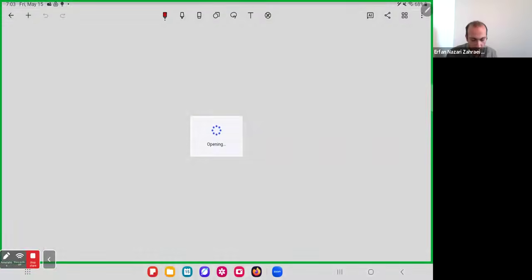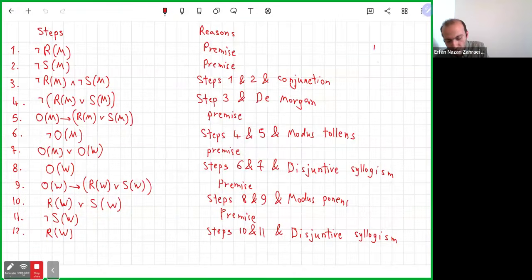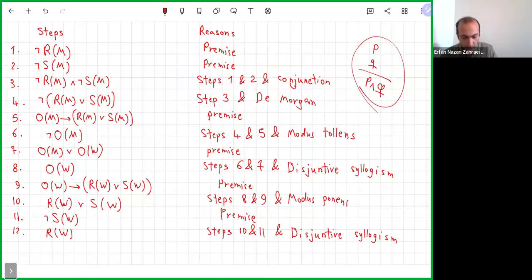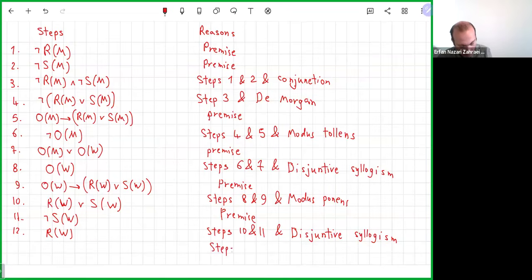Yeah, it was the second last one. It is the rule that if you have P, Q, then P and Q. This is the second last one, and it's called conjunction. So if I use steps 8 and 12 and conjunction, then you get OW and RW.